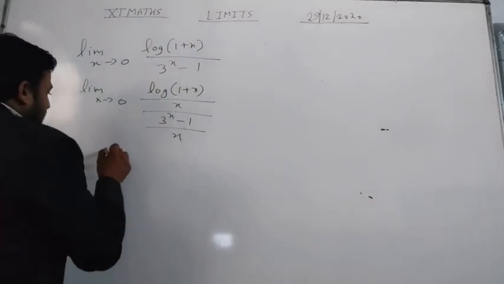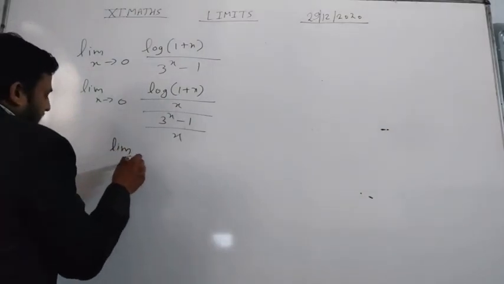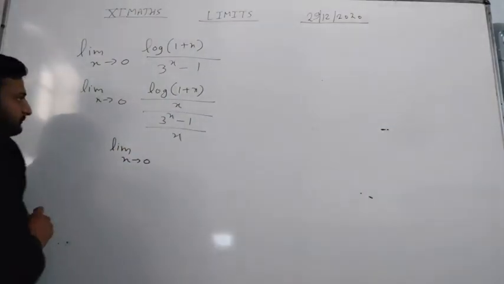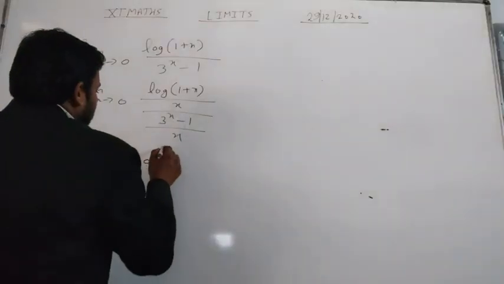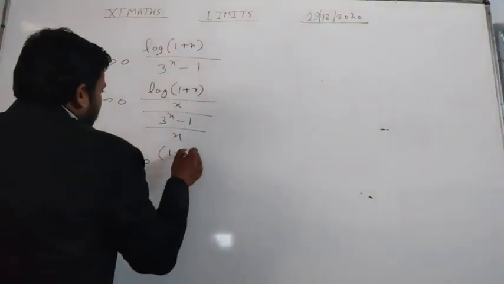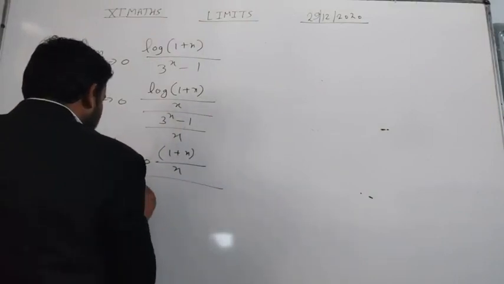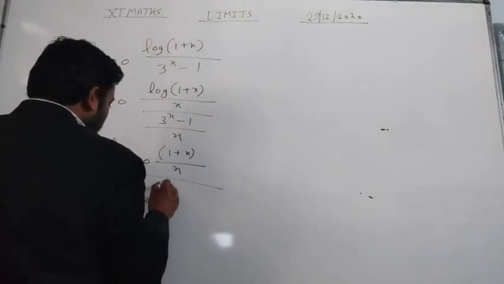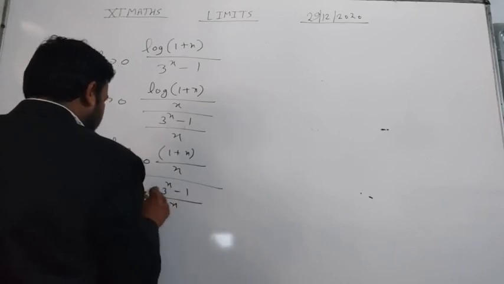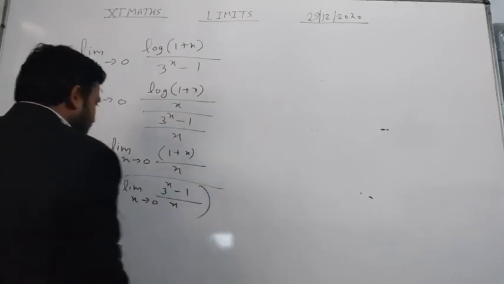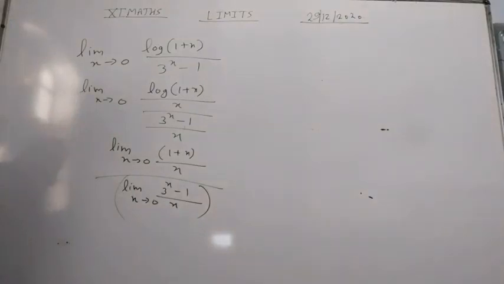So student, our upper part is limit x tends to 0 of log (1 plus x) by x, and limit x tends to 0 of e to the power x minus 1 by x, the numerator part and denominator part both.